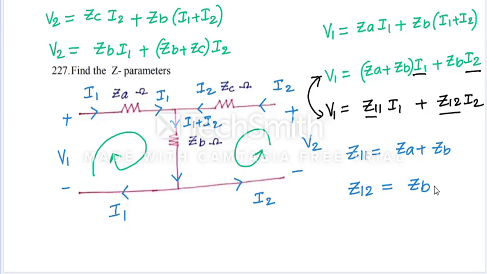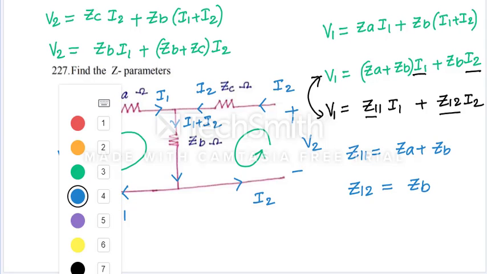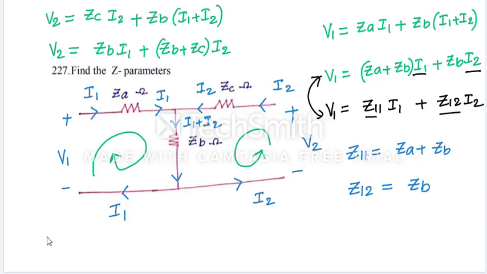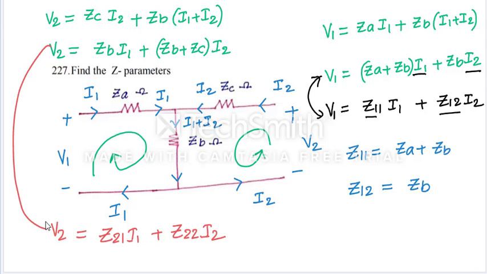And we know the other equation of the Z parameters is V2 equal to Z21 I1 plus Z22 I2, isn't it? Now I can compare these two equations. The coefficient of I1 is ZB, and here it is Z21.